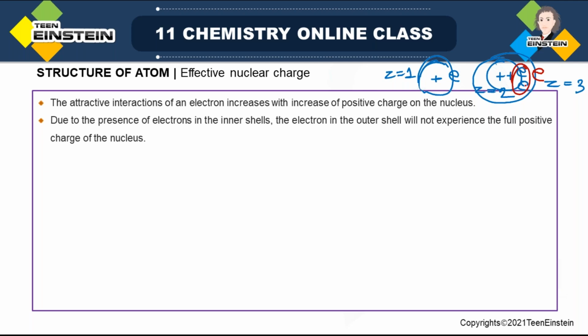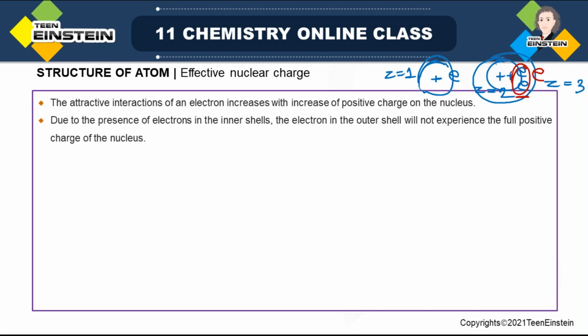Because of the inner electrons, the electron present in the outer shell cannot experience the full positive charge of the nucleus. These two inner electrons play a screening type of effect on the outer electron.